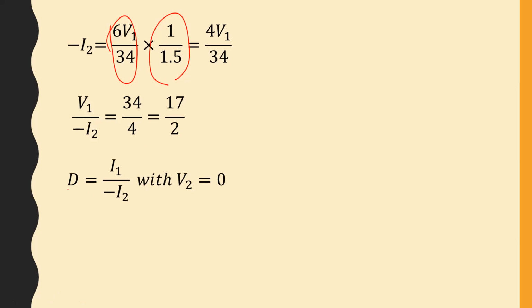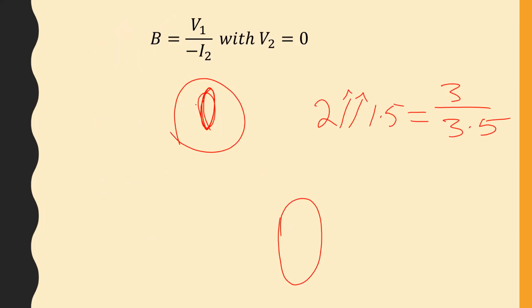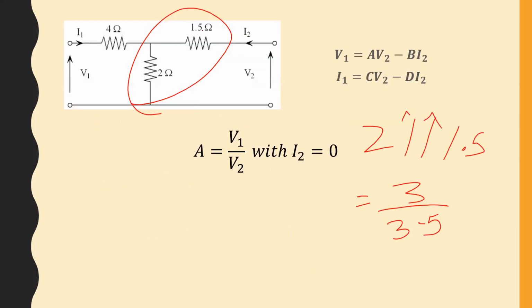All right, for D, we have that being equal to I1 over minus I2 with V2 equals 0. Again, we look back at the circuit. We want to find the relationship between I1 and I2. As you can see, I1 would come to this node, so we're using current divider. What we're interested in is the current flowing through the 1.5.